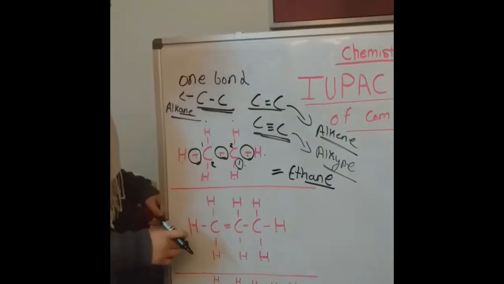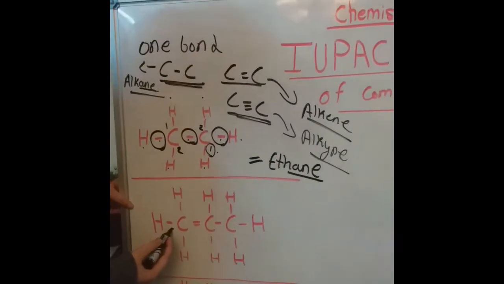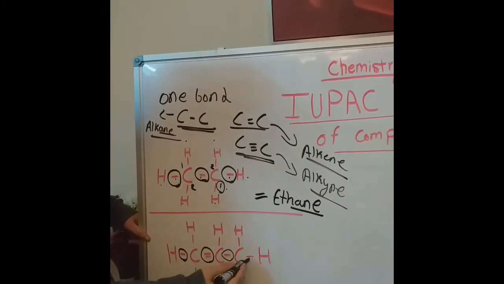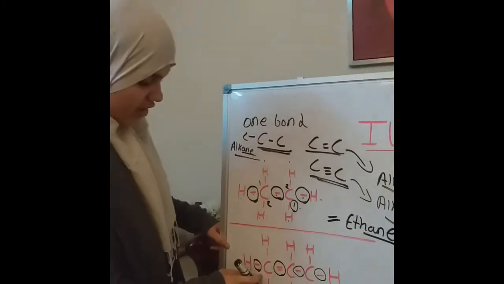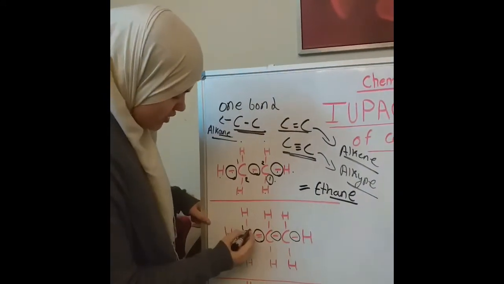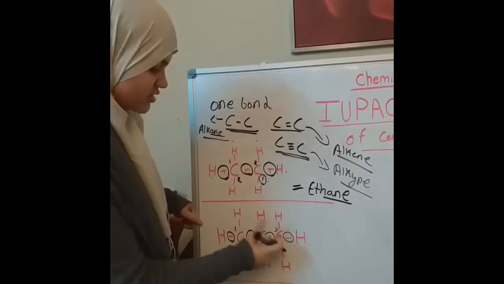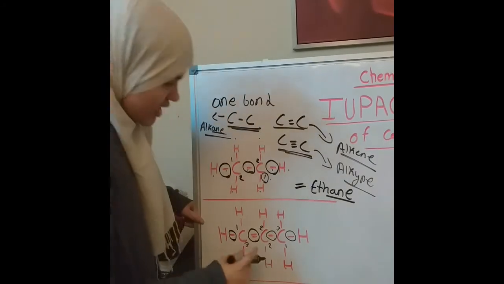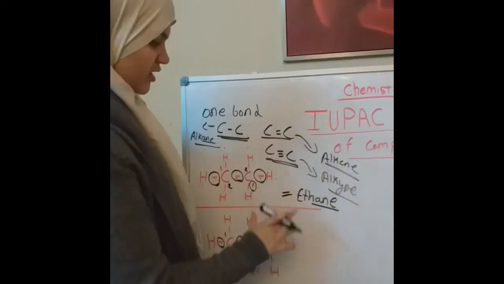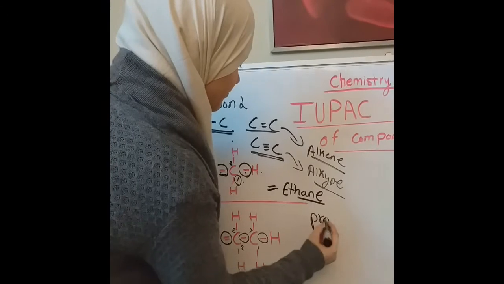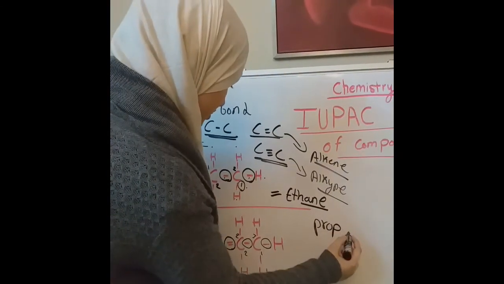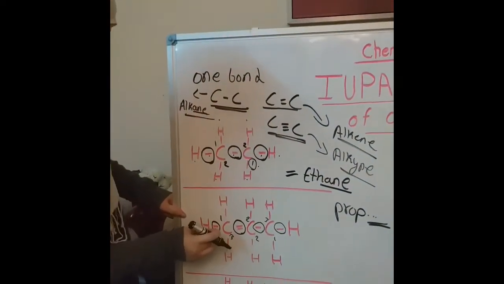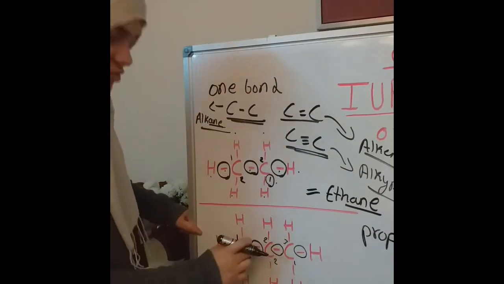The next example, it is here one bond, double bond, one bond, one bond. How many carbons are there? 1, 2, 3 in order, then in backward also 1, 2, 3. That means we have 3 carbons. That means prop. We don't know the suffix because there is one bond and there are also 2 bonds.